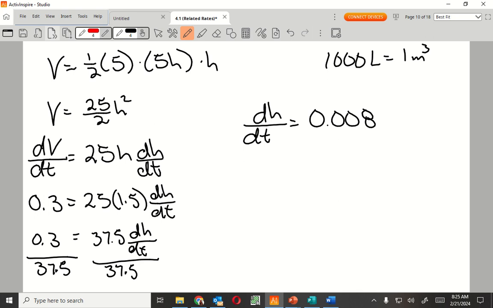So it's not going to be units cubed. It's just going to be meters. And since it is a rate of change, it changes per what? Minute. Does that make sense? Hopefully.